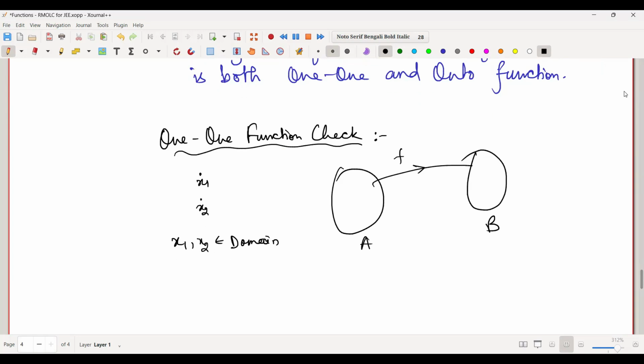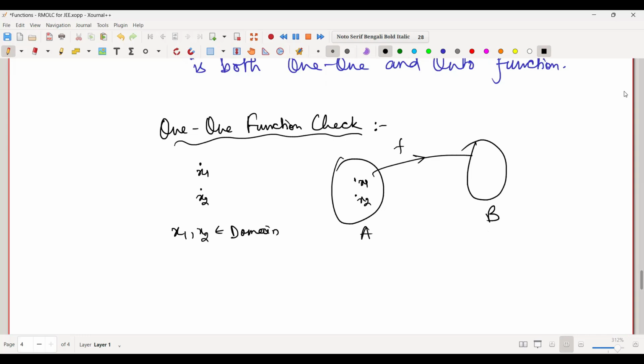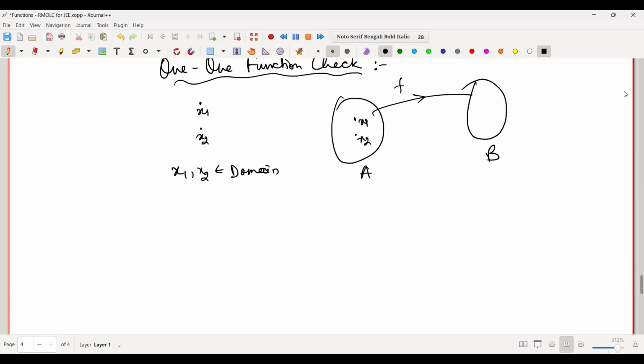So x1 and x2 are two elements of the domain. We are not saying whether these two are different or the same element. We are just taking two elements and applying the function f on them. This is f(x1) and this is f(x2).